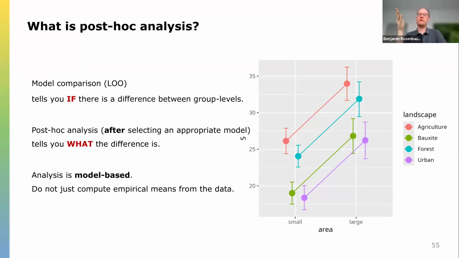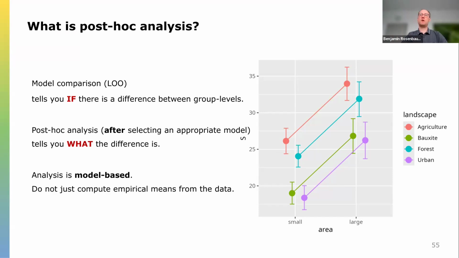If you just run the ANOVA, the result is, yes, there are some differences between levels, but you do not know which are different. Sometimes, if you have like 10 levels, some of them are very similar, some of them might be different. By just fitting an ANOVA, you will not be able to answer this question, which ones are different. Therefore, after model fitting, you have to compare some predictions.